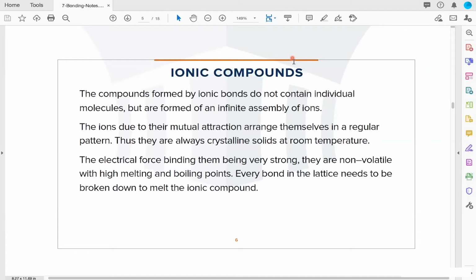Melting point depends on energy. Energy requirement depends on the force. So you'll say, okay, the forces in sodium chloride are weaker than the forces in magnesium oxide. A better answer would be you specify the forces. Even better, you specify the ions that have the forces. So electrostatic forces between sodium and chloride ions are weaker than electrostatic forces between magnesium and oxide ions. So the energy required to break those forces is less, which means melting point of sodium chloride is less.